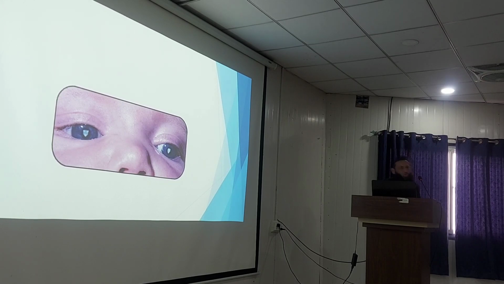See here, normally when we shine light, it should constrict both eyes. But when we take the light from the better eye to the affected eye, both pupils dilate, and we can see that there is some abnormality.